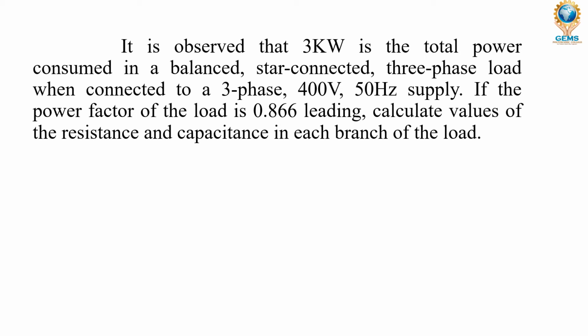So here a balanced load, we have connected to a system, that load is taking 3 kilowatt of power, this 3-phase supply 400 volt 50 Hz, its power factor is 0.866 leading. At that time, what will be the current value, and also calculate the resistance and capacitance values. So we have to calculate the resistance and capacitance also, and he has given that it is star connected.